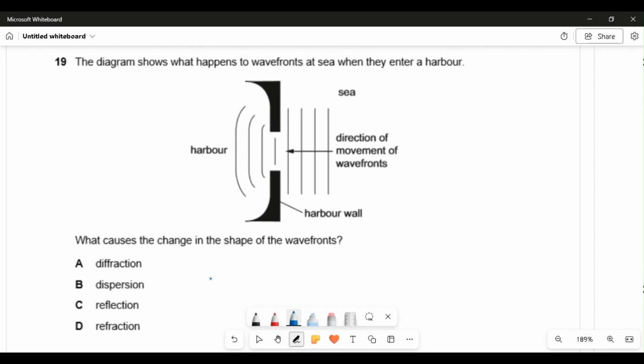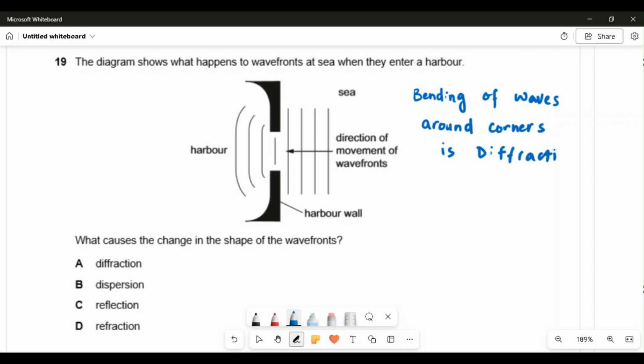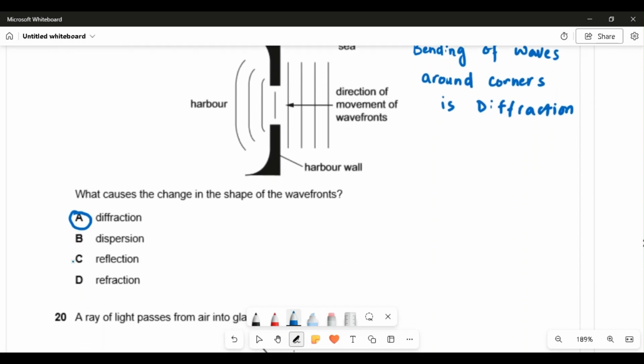And we know that the bending of waves or wavefronts around corners has a special name, diffraction. So we name it diffraction. So bending of a wave is diffraction, not dispersion, not reflection, neither refraction.